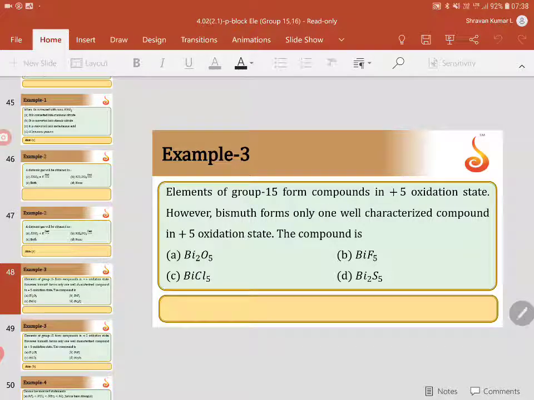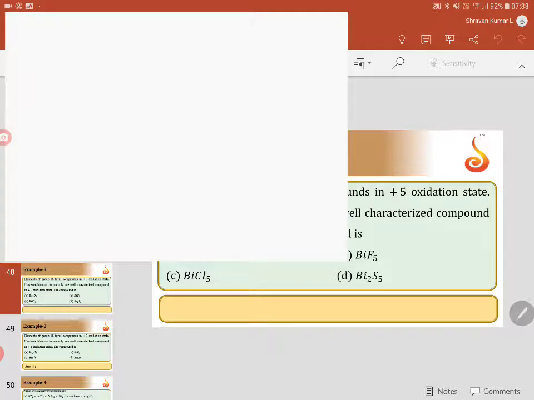Now here we clearly know one important concept in inorganic chemistry.